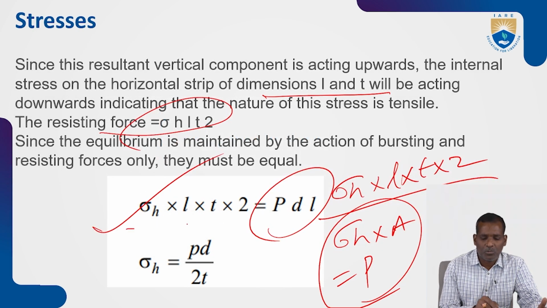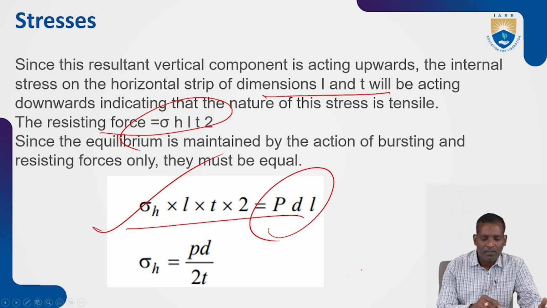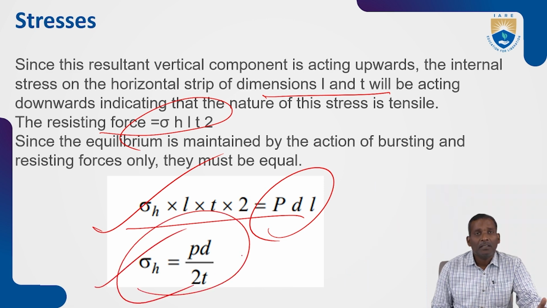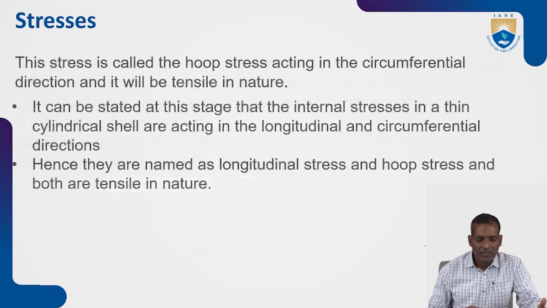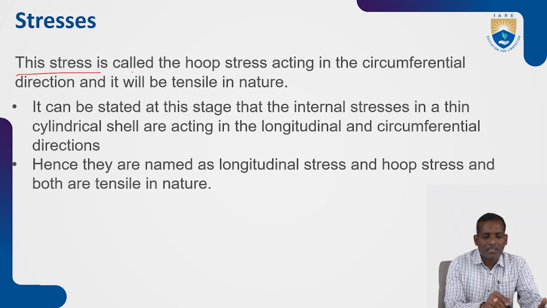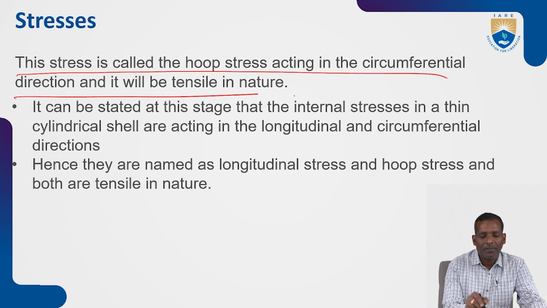Now equate these two forces, and finally you get the stress sigma h equal to Pd by 2t. This stress is called hoop stress, acting in the circumferential direction, and it will be tensile in nature.